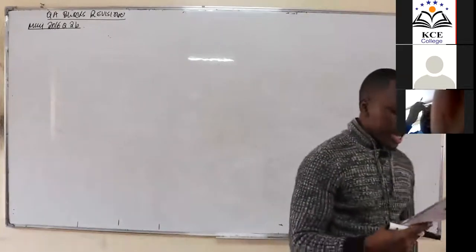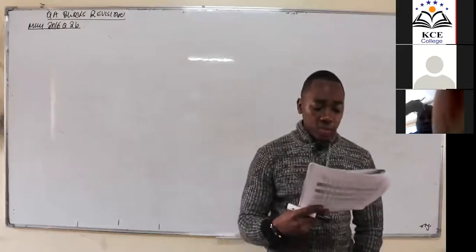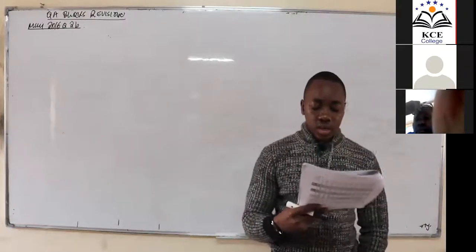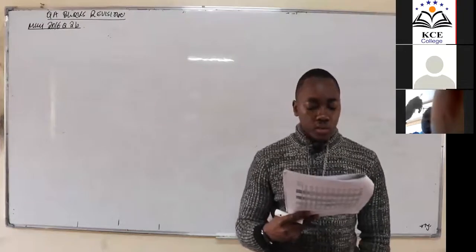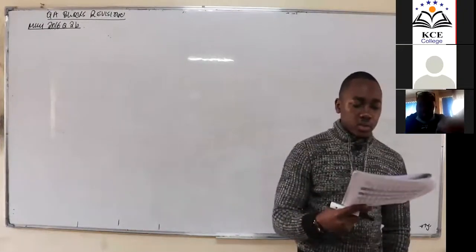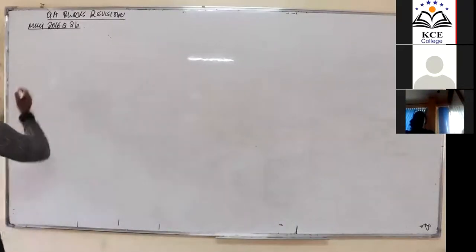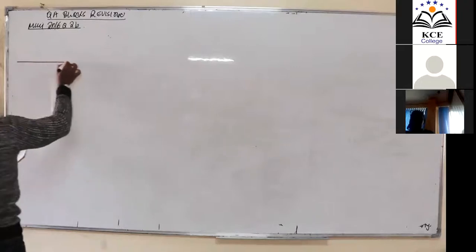Part B, I'm told that the mean weight of 500 packaging tins from the production process are normally distributed with a mean weight of 151 grams and a standard deviation of 15. So when you're told that they are normally distributed, that means they follow a normal distribution.